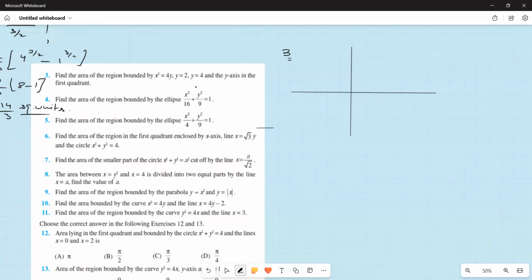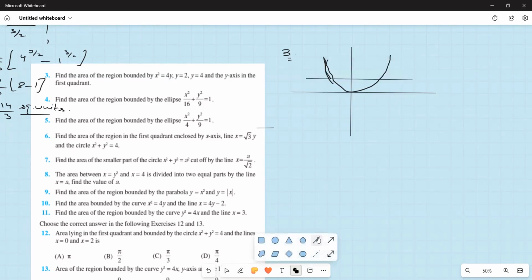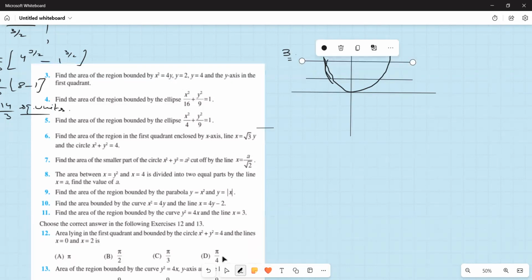And limits are from y is equal to 2 to y is equal to 4 and y-axis in the first quadrant. So here what are we going to do? We are going to take this upper side parabola, and now the lines are y is equal to 2, y is equal to 4. And this is again in the first quadrant, so area is this, right?